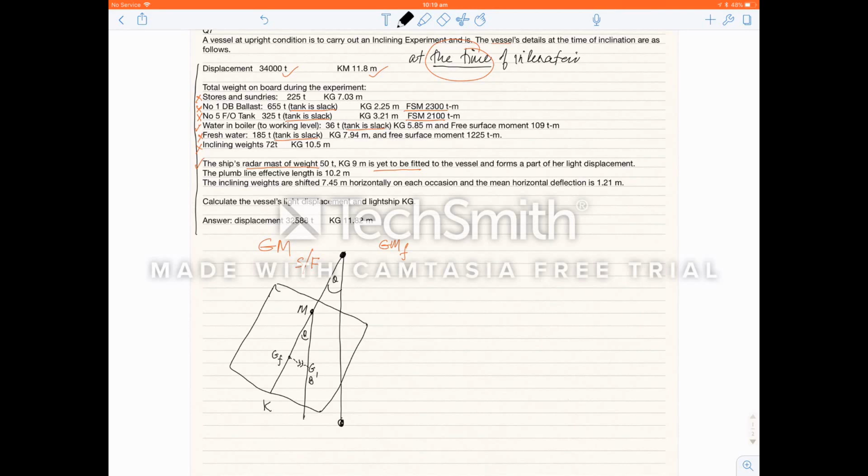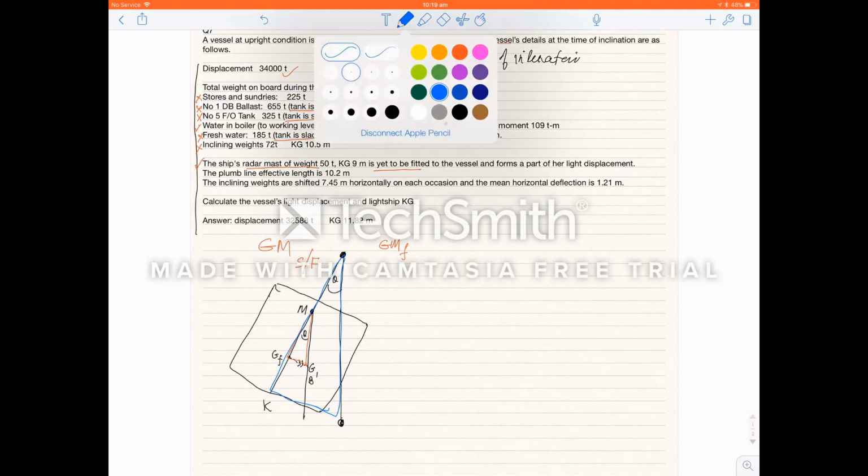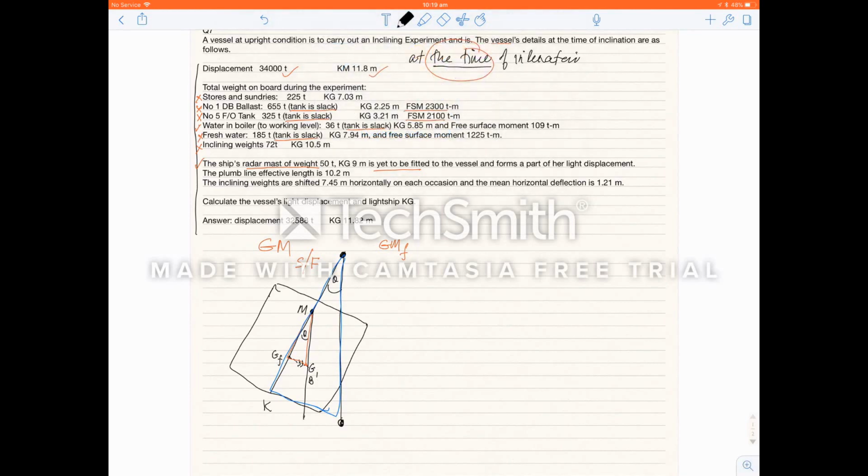If you remember in this diagram, we looked at a small triangle, then we looked at this big triangle, and then we derived the formula. Looking at the small triangle, tan theta is equal to GG1 divided by GM fluid.